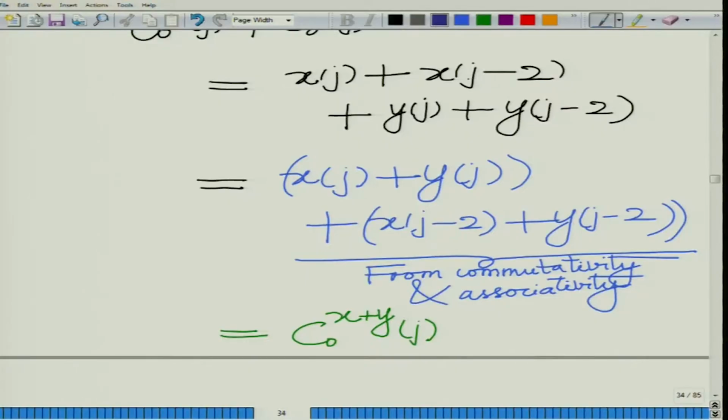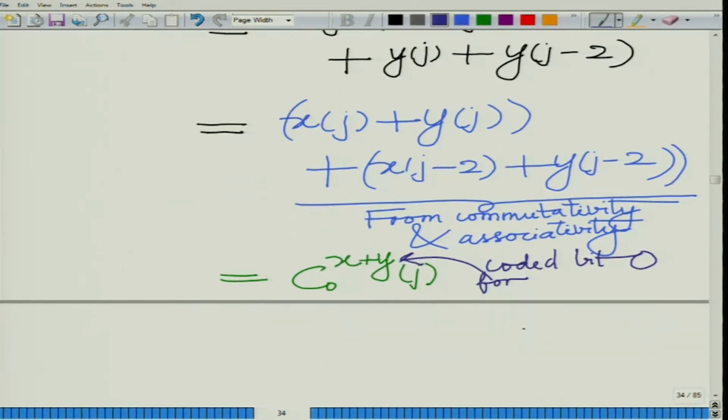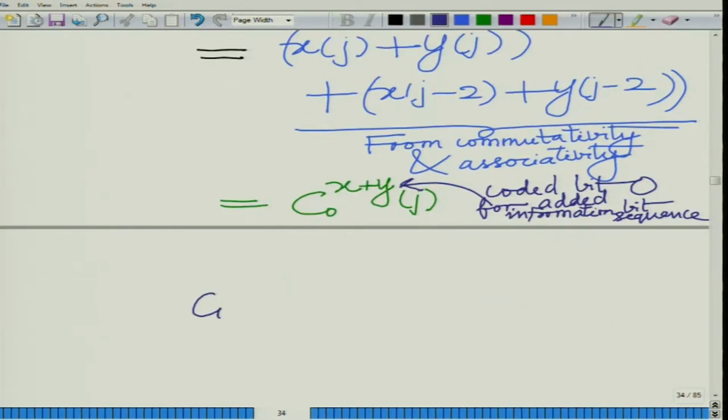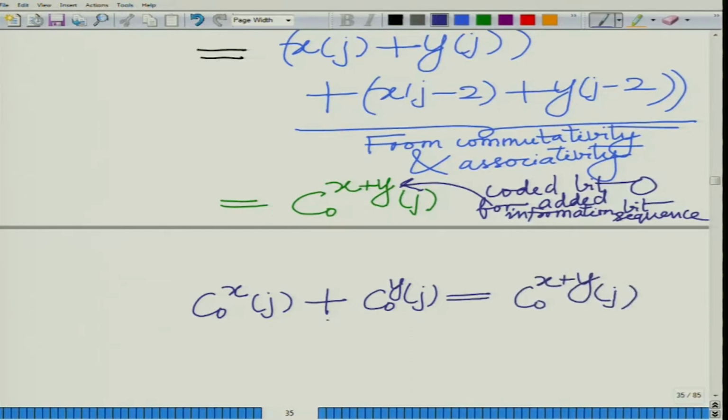So, here this is the coded bit for the added information bit sequence. So, what we have is this important property: C0 of x plus C0 of y is equal to C0 of x plus y.